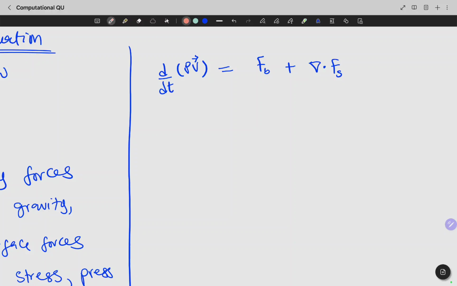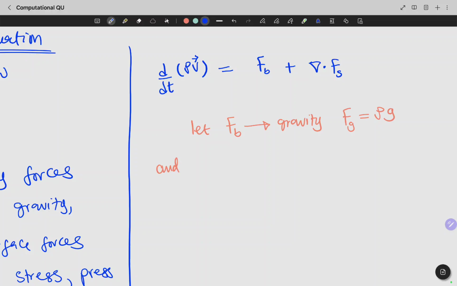Now, if we consider a fluid like water, an incompressible fluid, okay, first we would like to have the general form. It's really good. Let the body force be gravity. So that's Fg, which is rho g. Now we can put back the rho here.